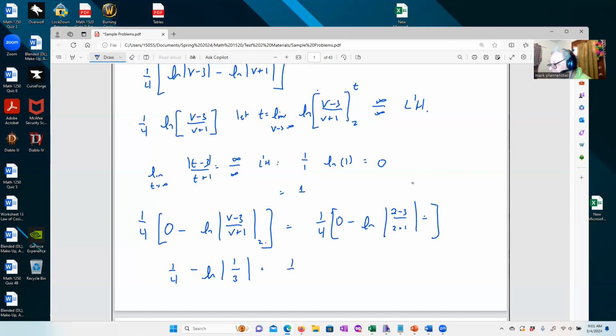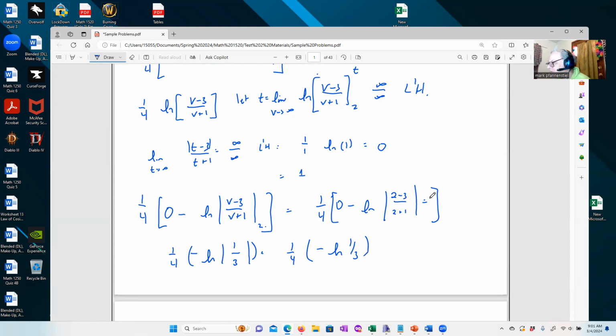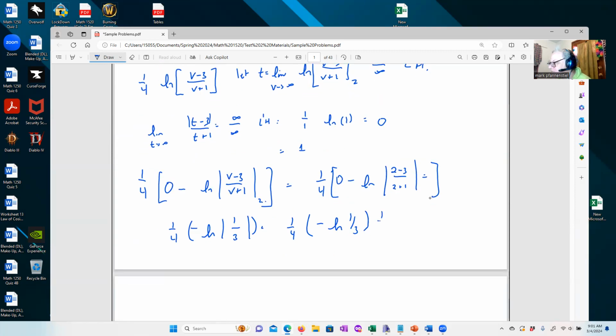This is 1/4 times negative natural log of 1/3. But we're going to pull this little trick of saying this is 1/4 times ln of 3 to the -1, and pull the -1 down in front. So we end up with 1/4 ln 3, and that is what this integral converges to.